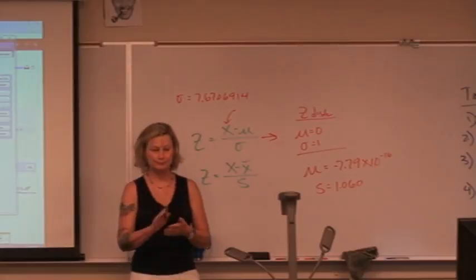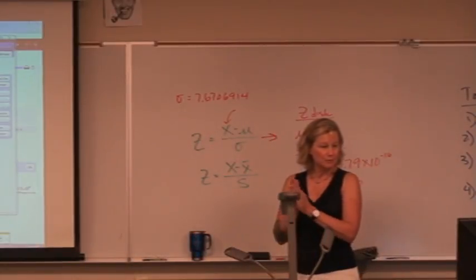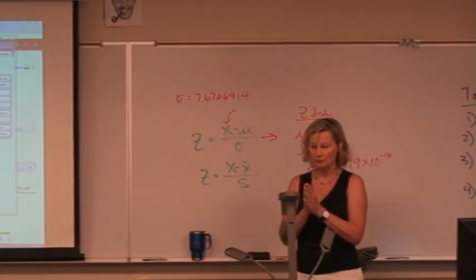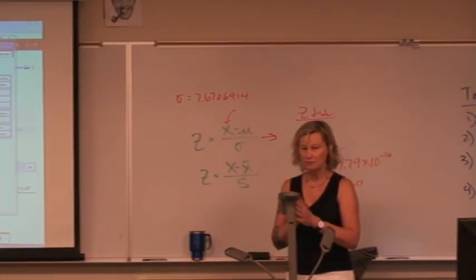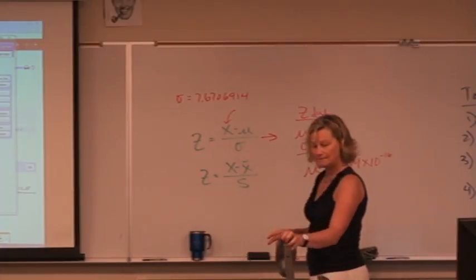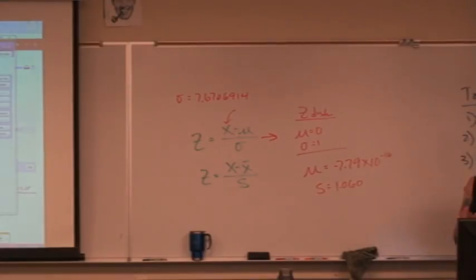And every time you will get that. Okay? So z-scores. When you convert data to z, you will be in a distribution with a mean of 0, standard deviation of 1. Okay?